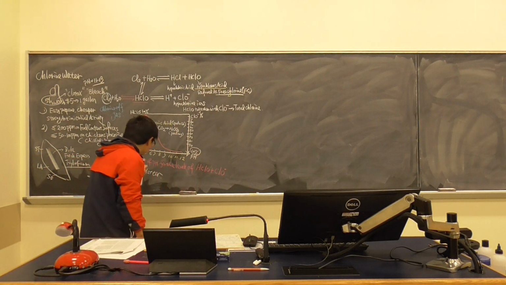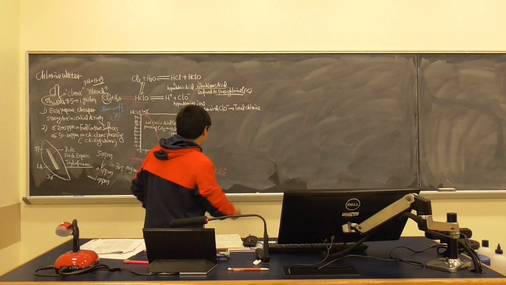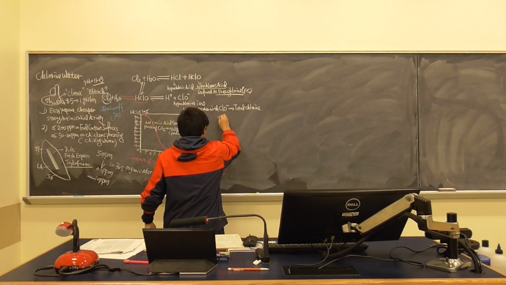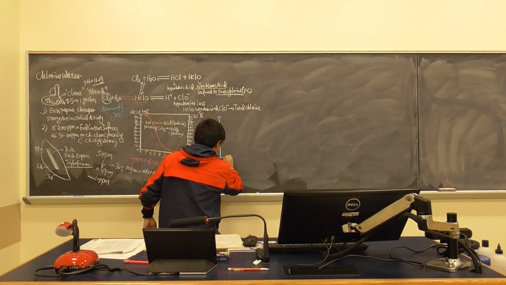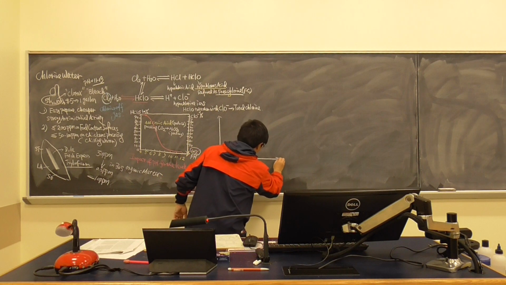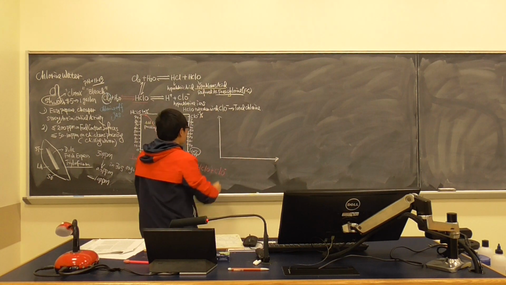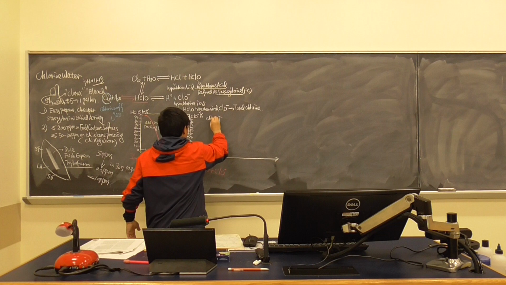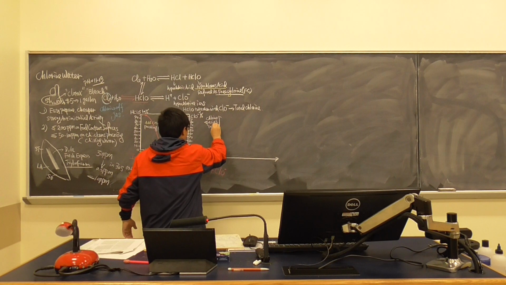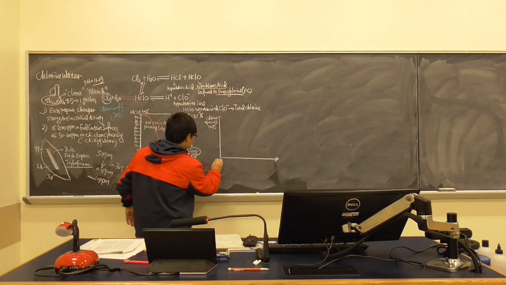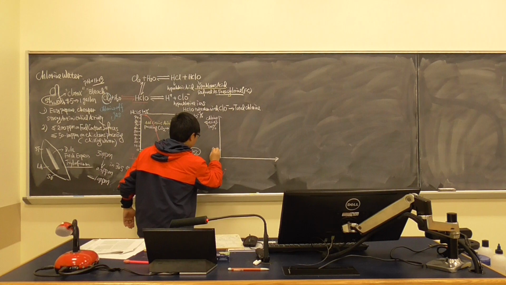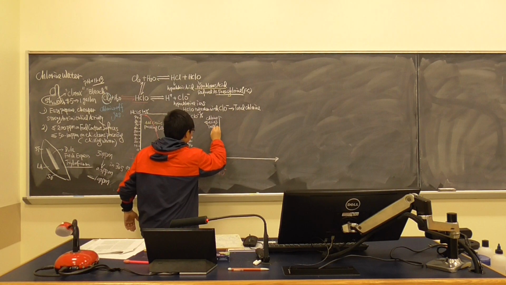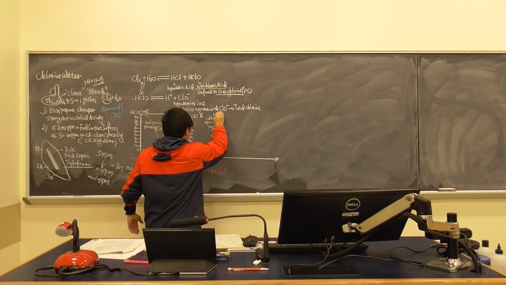Now based on this, we have another nice chart that is relatively easy to understand. The y-axis is the chlorine species, and we say 100%, let's say 20, 40, 60, 80, and on top 100.